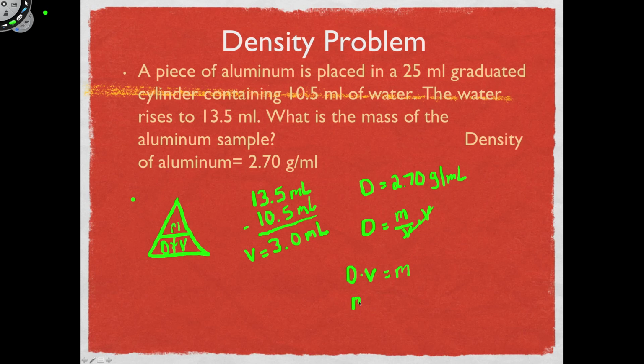So M equals the density, 2.7 grams per milliliter, times the volume, 3.0 milliliters.